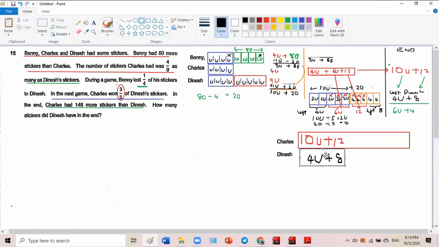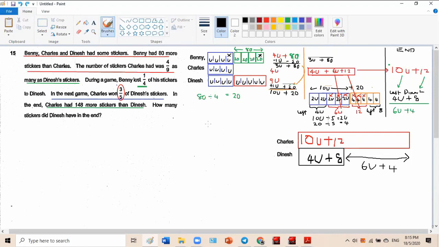How much longer is Charles? 10 minus 4 is 6 units, plus 4. Why? Because these two numbers added back must give you 10, and this one added back must give 12. Do you know why I wrote 6 units plus 4?